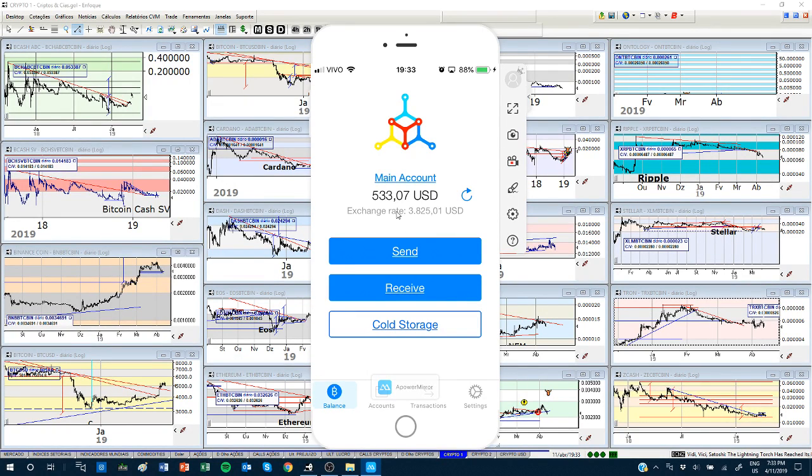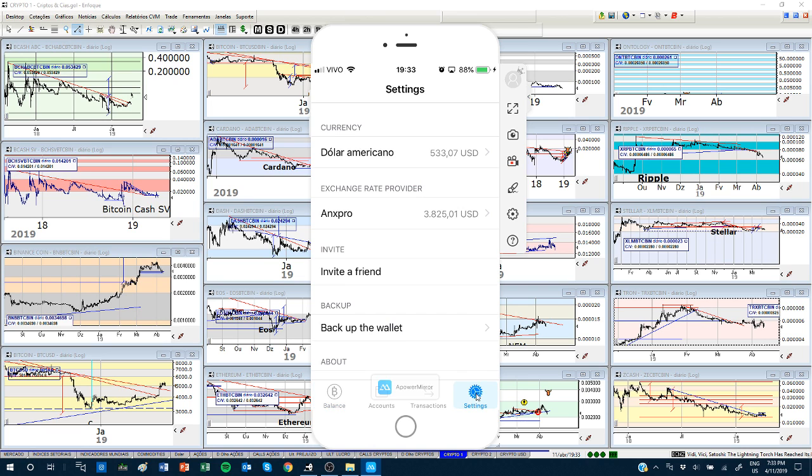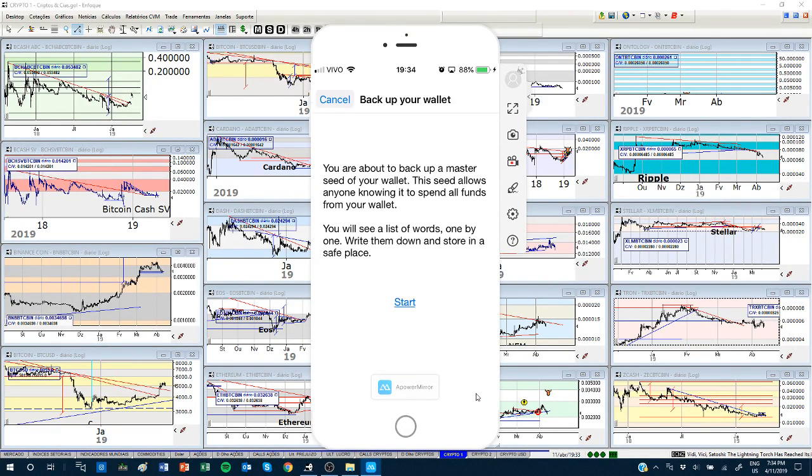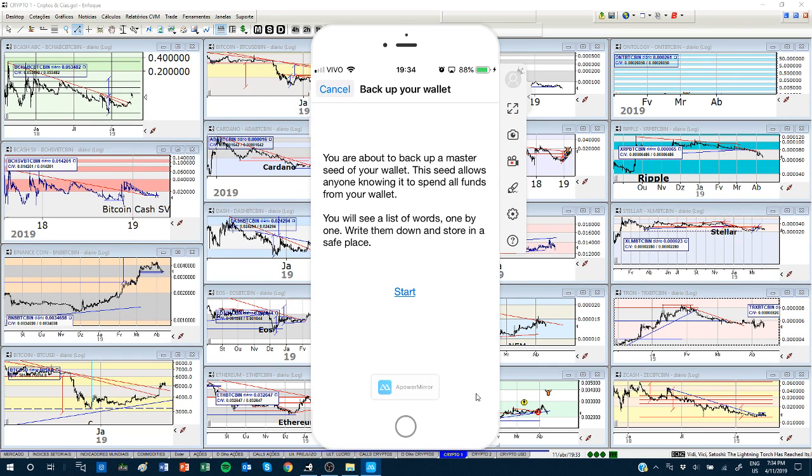And so I have in my settings here the possibility to make the backup of the wallet, right? If I start, it's going to start telling me the 12 words that are my backup.